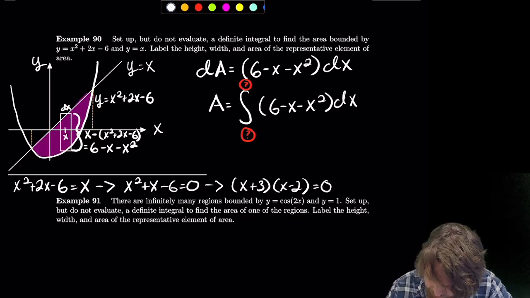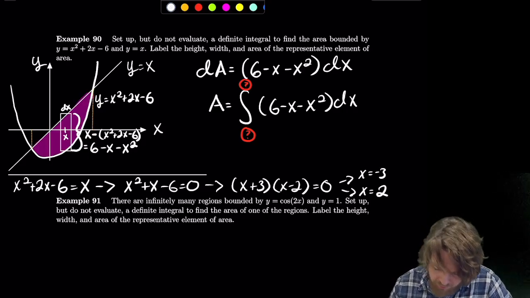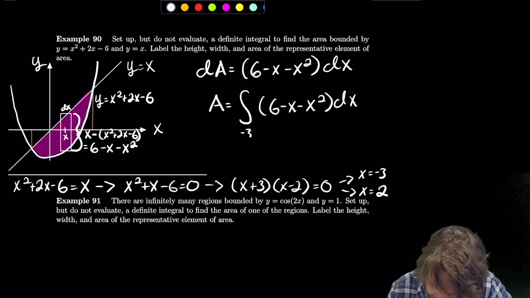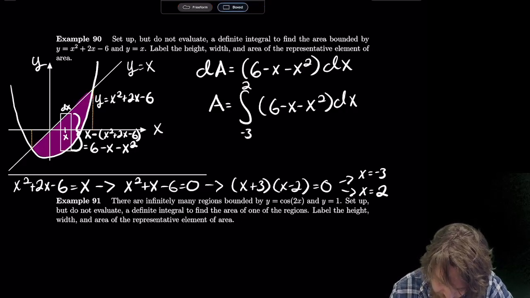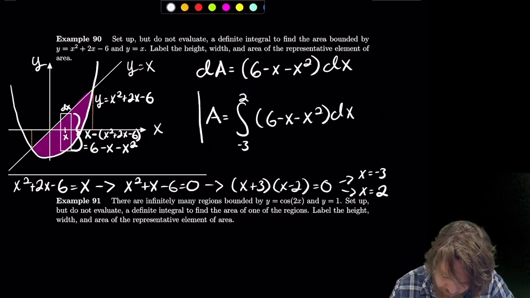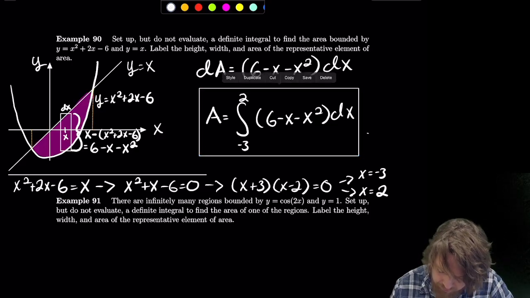So we end up with our two coordinates. x equals negative 3 is our lower limit of integration, and x equals positive 2 is going to be our upper limit of integration. So here we can replace our unknown limits of integration with negative 3 and 2. And at this point, we have a definite integral that represents the area bounded by those two functions.